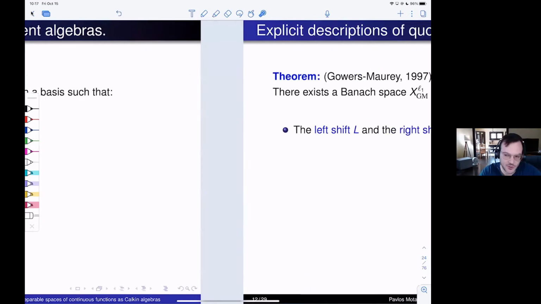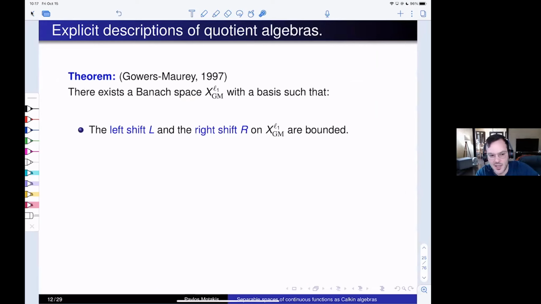On this space, you don't only have scalar operators, you have more things. In particular, on this space with a basis, the left shift and the right shift are bounded. Okay, so these are definitely not scalar operators. And if you have a basis, you can shift to the left, shift to the right. But not only are these operators bounded, they, together with the identity, are able to capture all bounded linear operators in a certain sense.